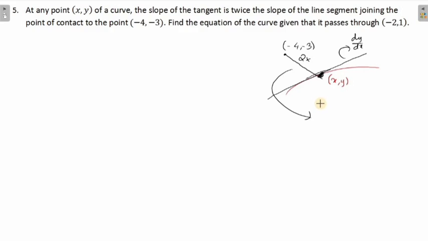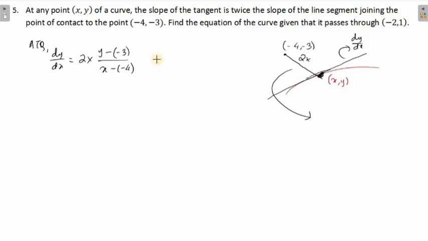So according to the question, the slope of the tangent, that is dy by dx, is equal to twice the slope of this line, which is y2 minus y1 divided by x2 minus x1.